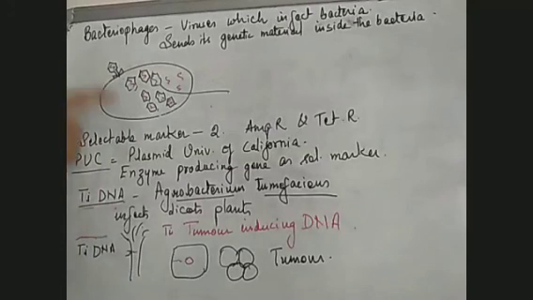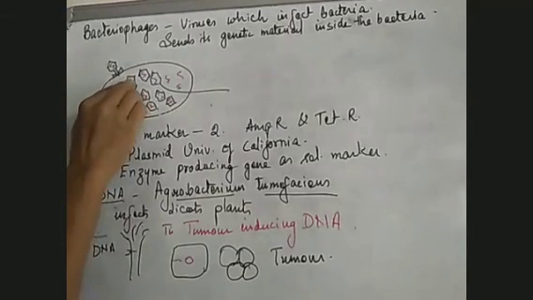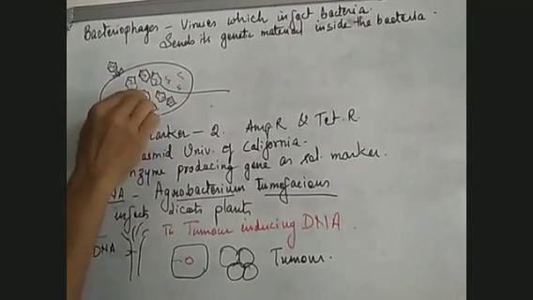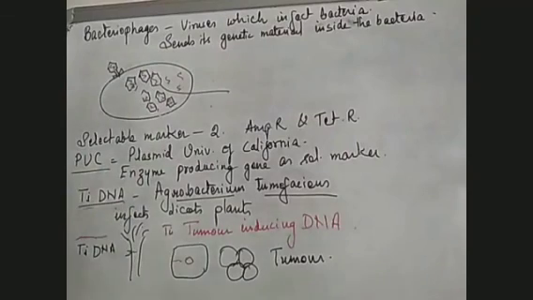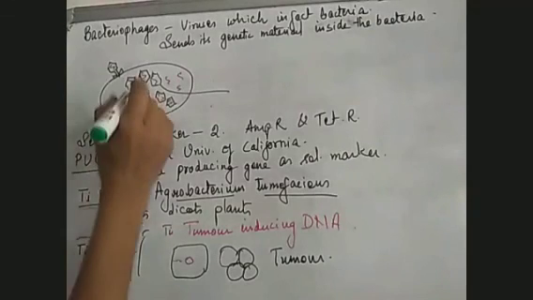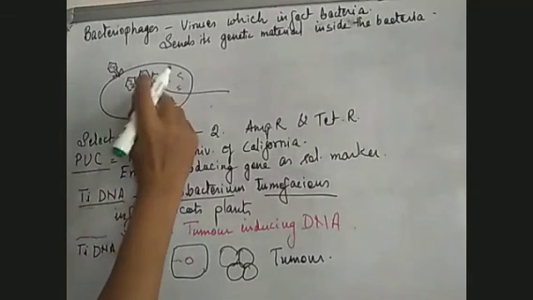So when it injected the genetic material inside the host, along with the viral DNA, our gene also entered. And then by using the machinery of the host, multiple copies were made, and the protein was also synthesized.